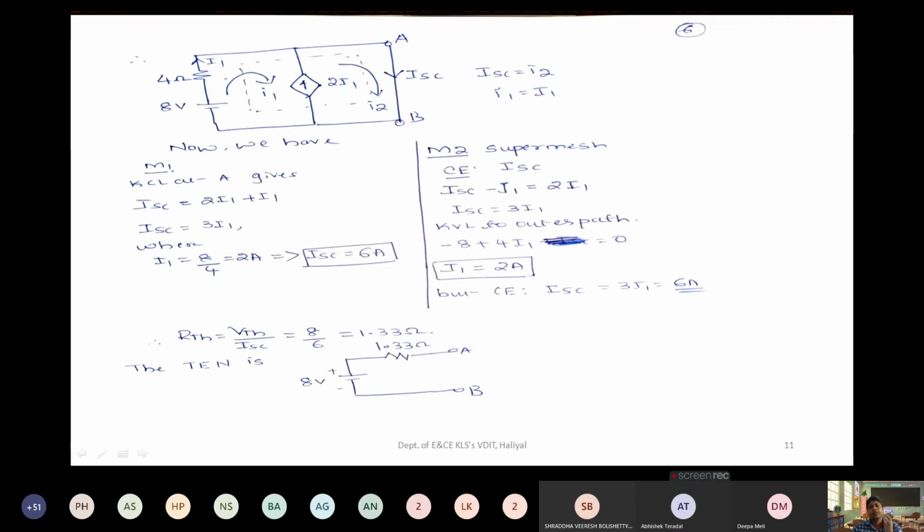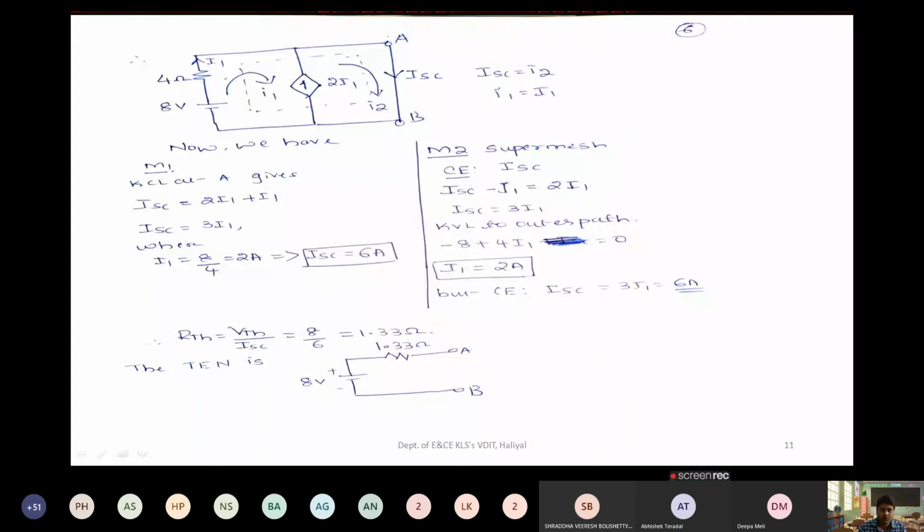You can solve this by 2 approaches. I have given you 2 approaches, and you can apply other approaches also. The first method is to apply KCL at node A. If you apply KCL at node A, how many currents are there at node A?